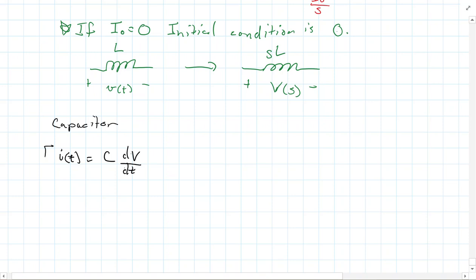So again, all we're going to do is a Laplace transform, and we're going to use that same derivative rule that we used in the previous case, but now this time we're going to get I at S is equal to C times S V at S minus my initial condition for my voltage.